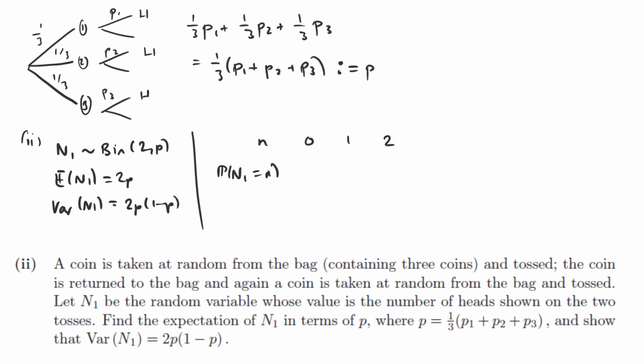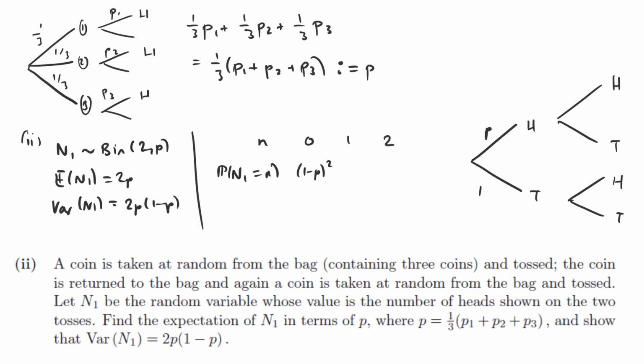To get no heads it would be (1 minus p) squared, because our new tree diagram just looks like this. It's a binomial tree where we get a head or a tail, and then a head or a tail, and because we're just picking one of these coins at random, the probabilities on each branch are just p and 1 minus p, where p is this average of the 3 probabilities.